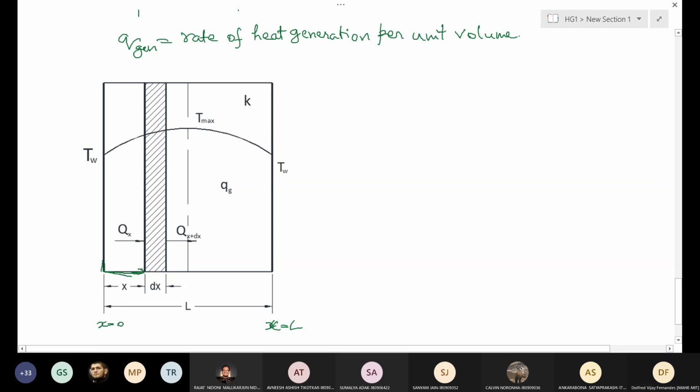And I'm considering a small element of thickness dx in the wall. The rate of heat entering the wall is Qx, and the rate of heat leaving on the right side is Qx plus dx. Also, within this element there is heat generation.